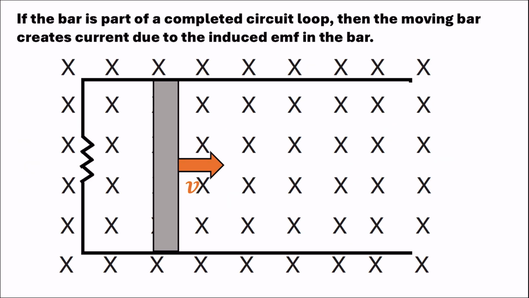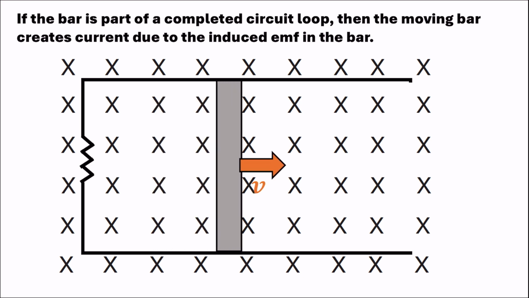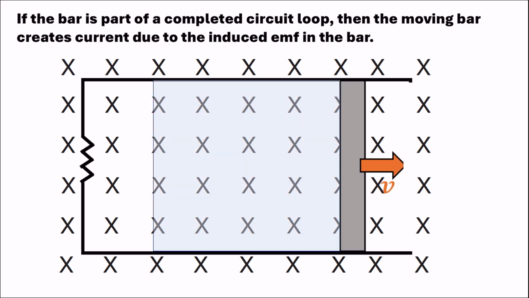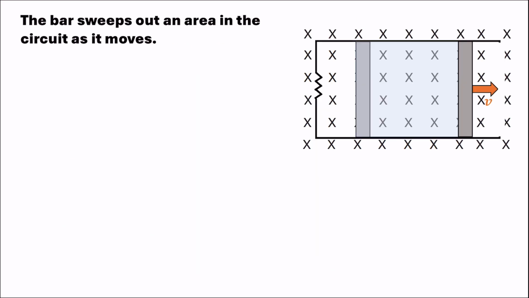If the bar is placed in a completed circular loop, then the moving bar creates a current due to its induced EMF. So if I say that the bar moves for a time t, it'll sweep out an area of A. Now that area has magnetic field going through it, which means there's a flux, which is the magnetic field magnitude times that area.